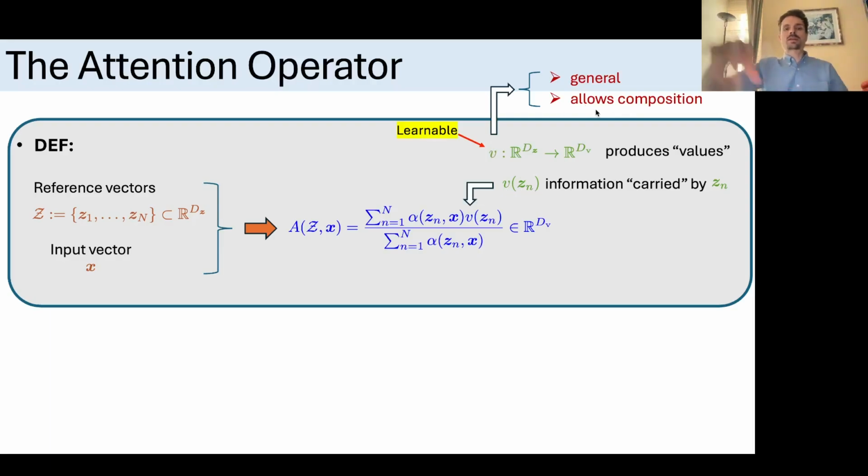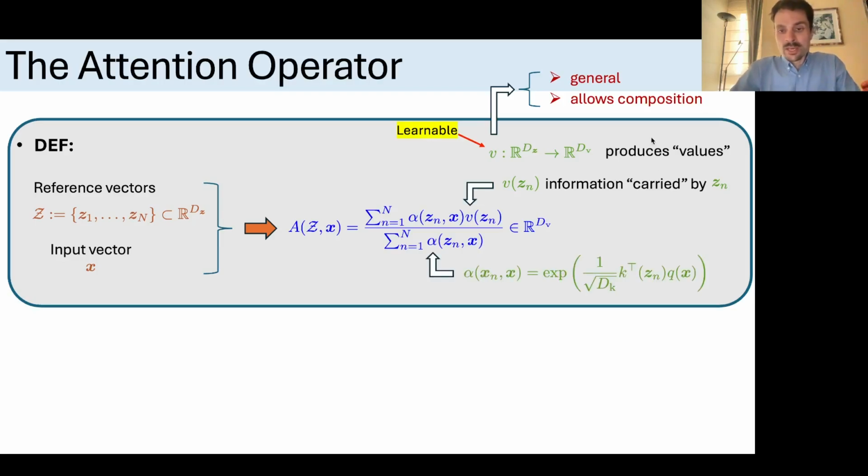So we can stack attention operators one on top of each other. The attention weights are the ones that we saw earlier, but we typically write here a normalization constant that facilitates learning.